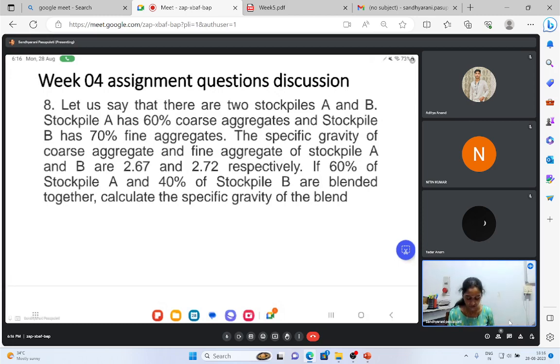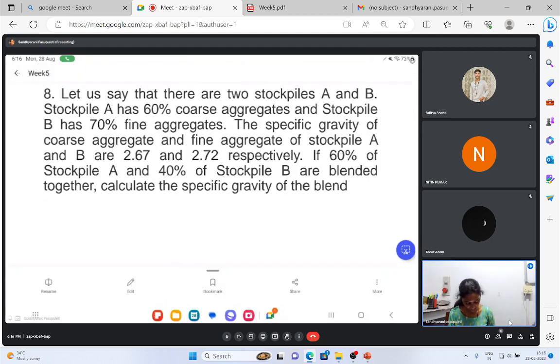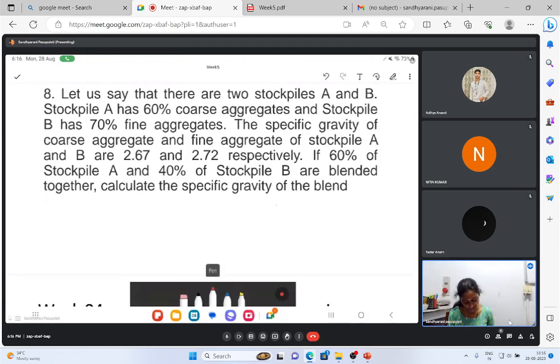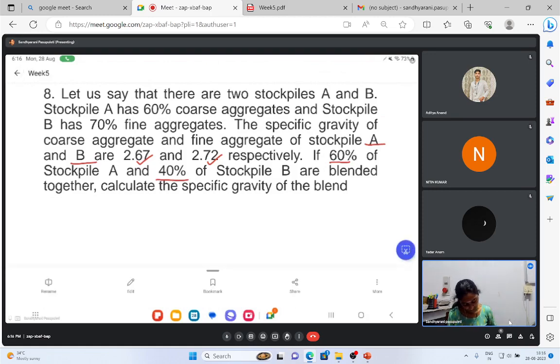The specific gravity of stockpile A and stockpile B is already given as 2.67 and 2.72. If they have already given the specific gravity of stockpiles A and B, and if they mention that 60% of stockpile A and 40% of stockpile B are finally blended together, then what is the specific gravity of the final mixture?